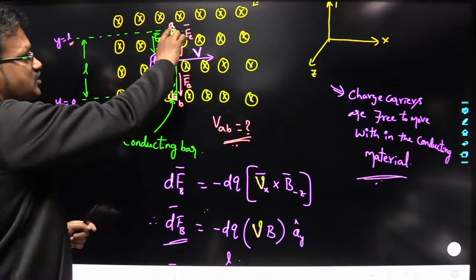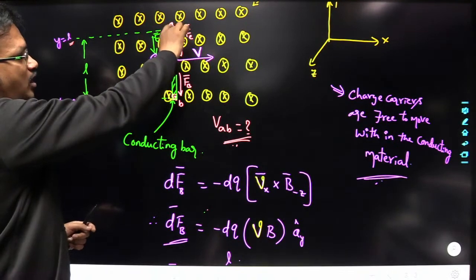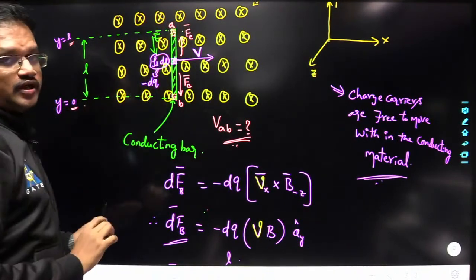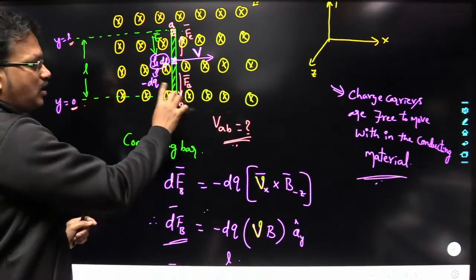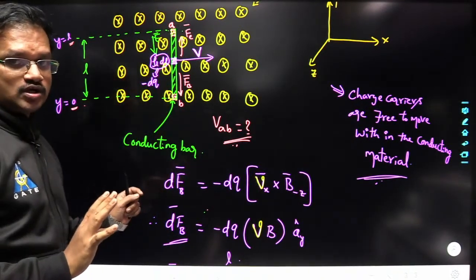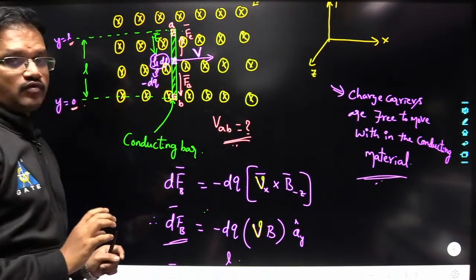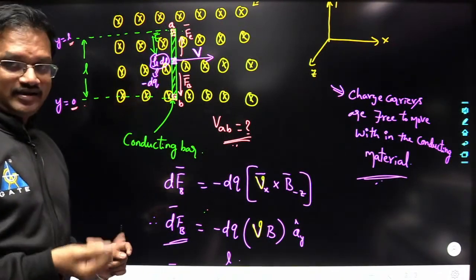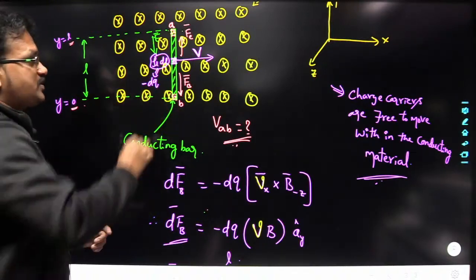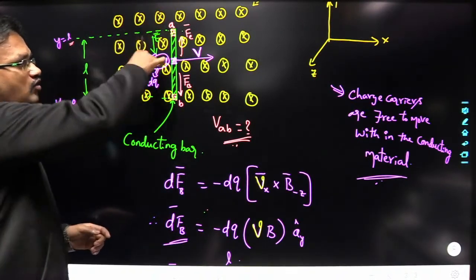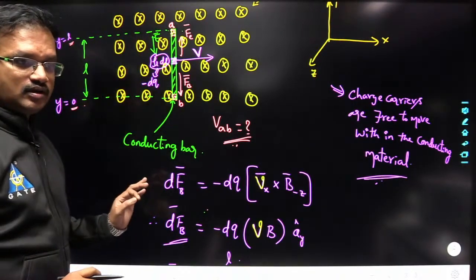There is a deficit of negative charge at the top, which can be accounted for as positive charge. So a positive charge develops at the top, and at the bottom a negative charge develops. Because of this charge separation, an electric field is induced that points from plus to minus. So the electric field is pointing in the downward direction. Yes or no here?